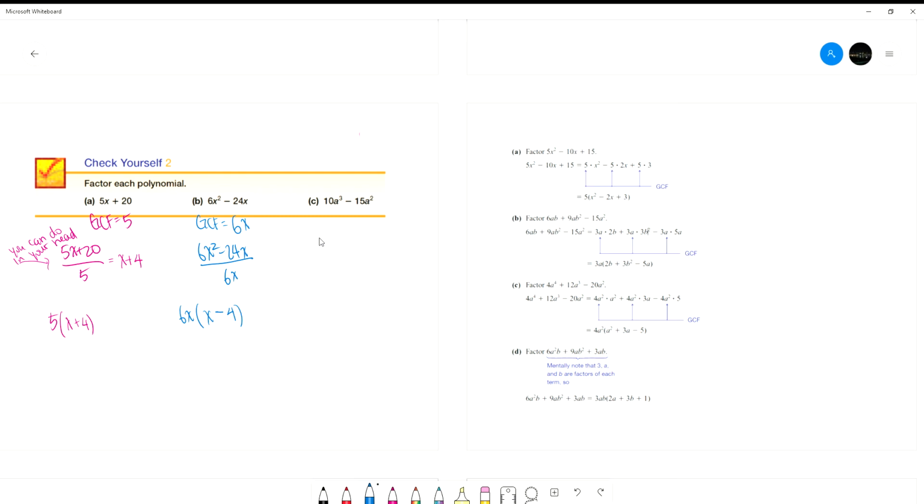Okay, let's see here. What about part C? I'll give you a minute to do part C. Find the GCF, and actually, I'll let you try the whole problem. Do the whole problem.